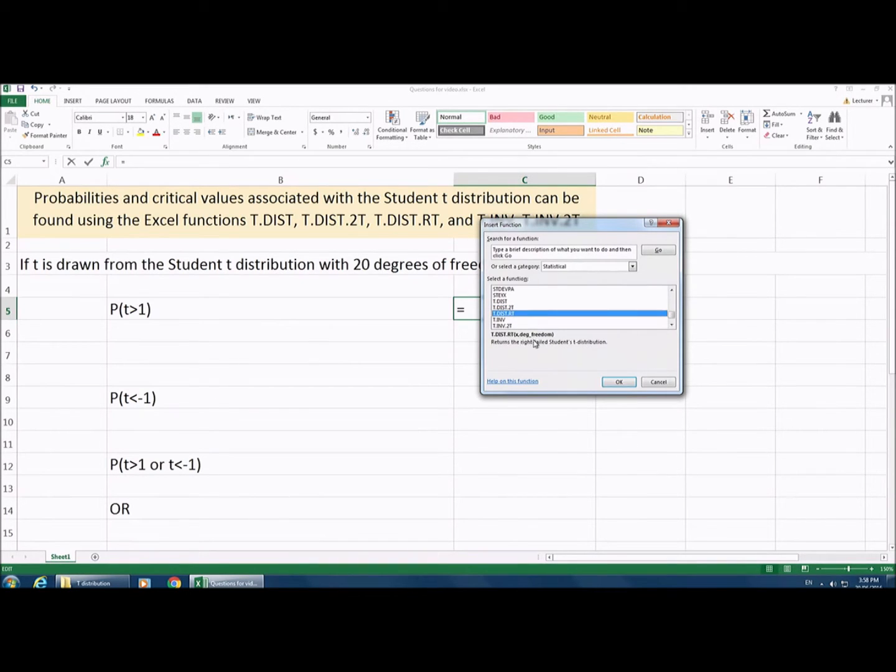And t.dist.rt will return the right tail of a student t distribution. So for the probability of t being greater than 1, we should use the t.dist.rt function.